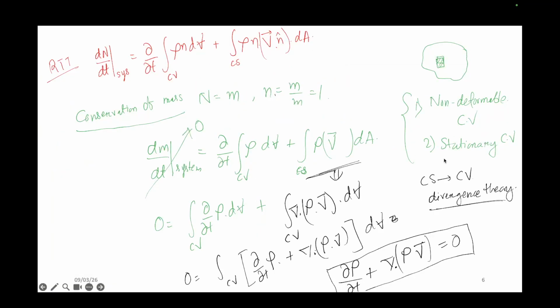So up to this, you just remember this final format of the equation, because in the next slide I will elaborate on this. See, in these three equations, this is the conservation of mass, conservation of momentum, and conservation of energy.